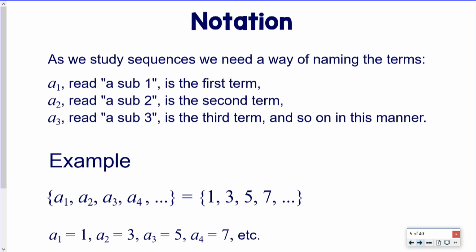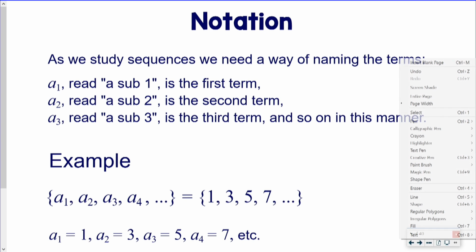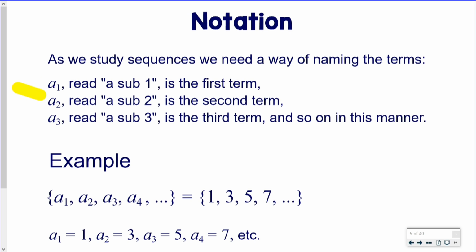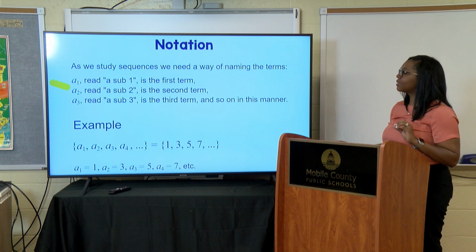So our notation, as we study sequences, we need a way of naming the terms. So we have this little letter here with the number. We have a lowercase a, and then we have a small 1 underneath it. We read that as a sub 1. That's an indicator that that's the first term of the sequence.